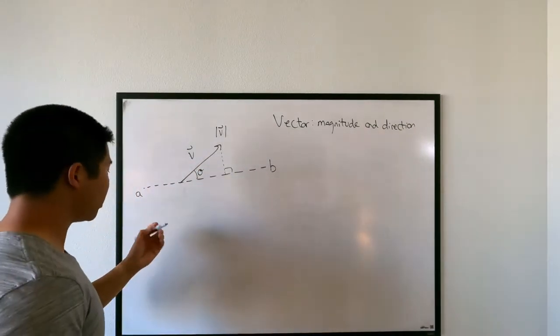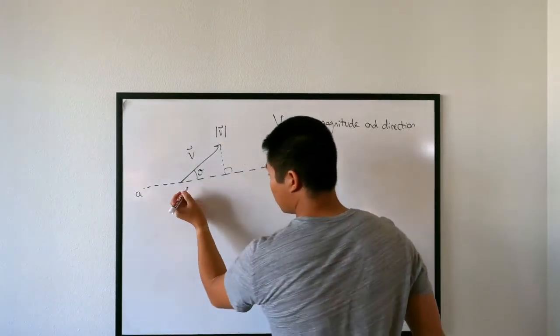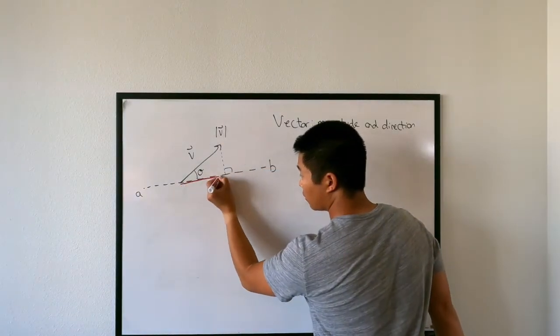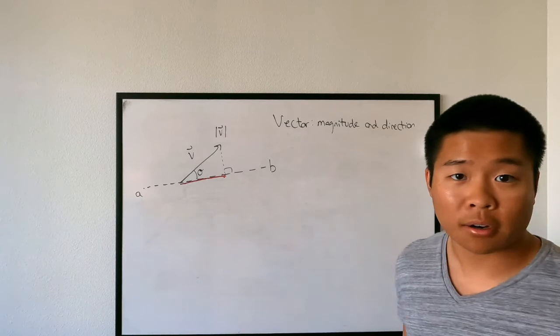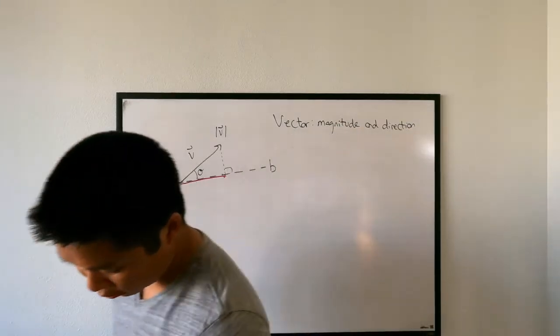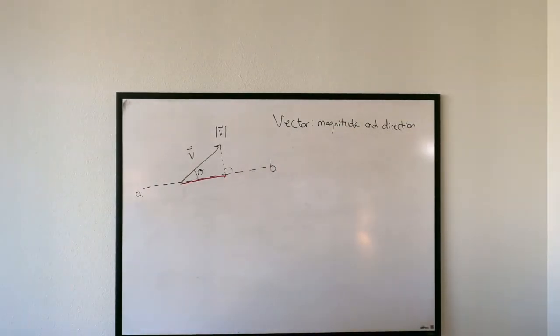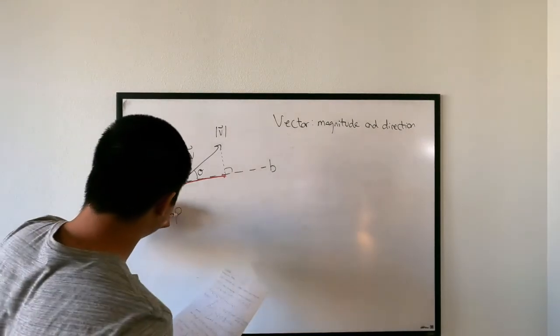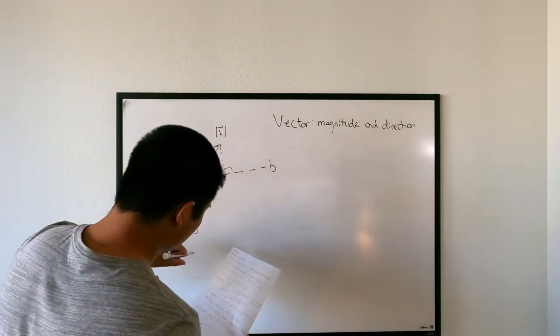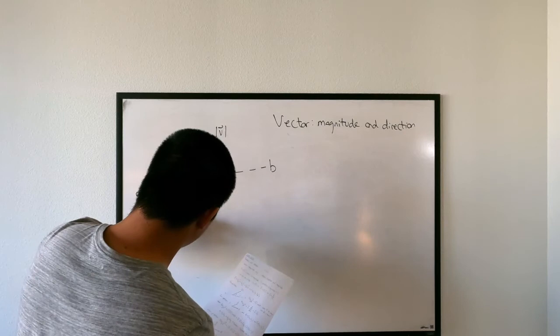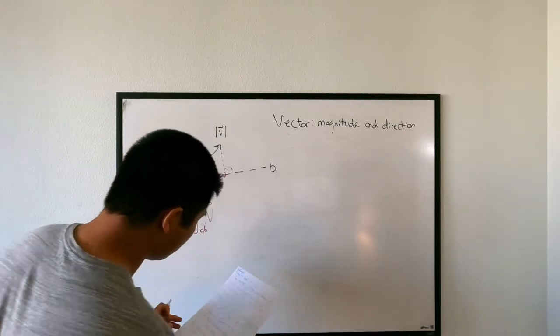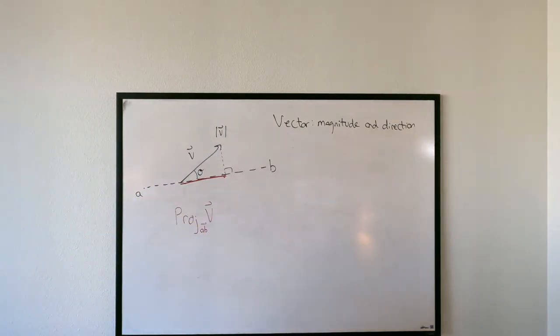And then the projection along the direction AB will be this value right here, okay? And this is written as the projection of V in the direction AB, like this, okay?